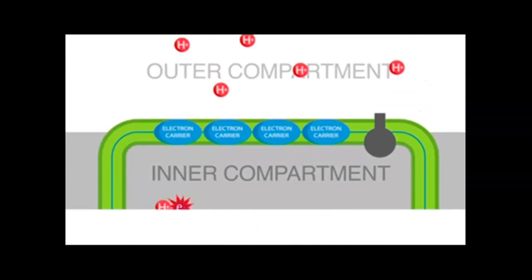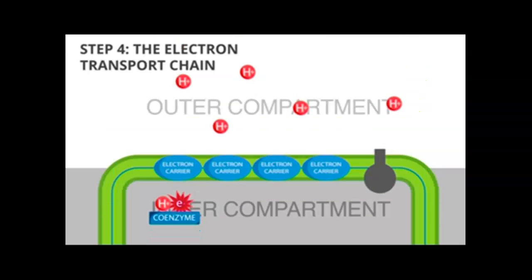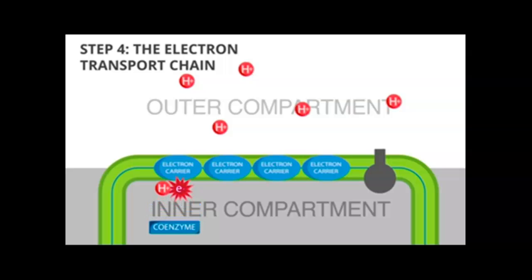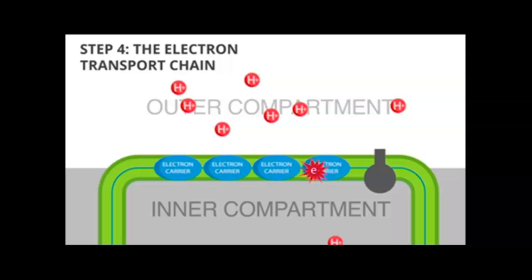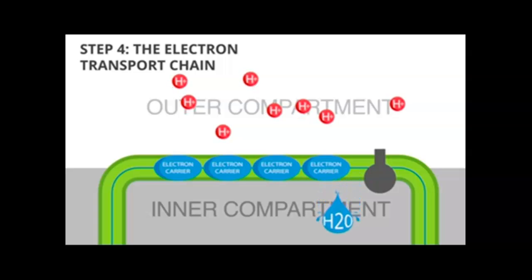Alright, last step. Step 4 is the electron transport chain, and this last step is basically a place where all of those hydrogens from step 1, step 2, and step 3 are all carried into this region of the mitochondria, and here those hydrogens can allow us to make lots of ATP. Now the details of this process are somewhat complicated, but the overview is pretty simple.